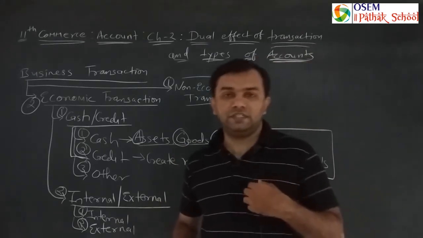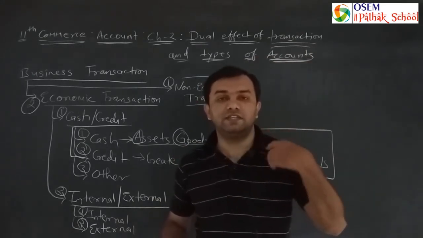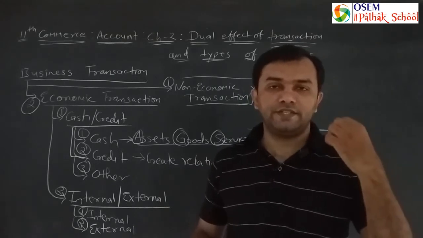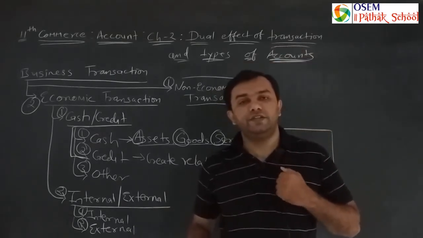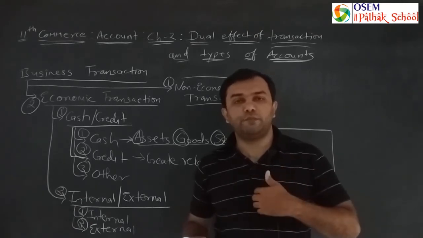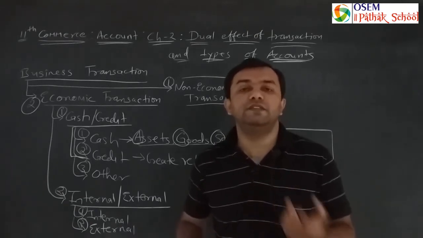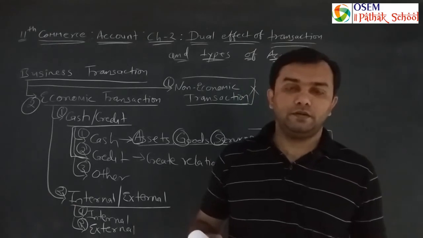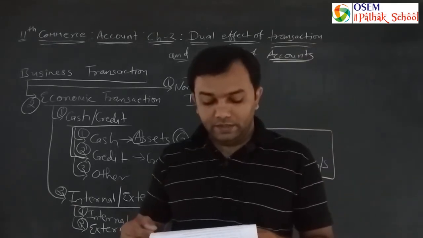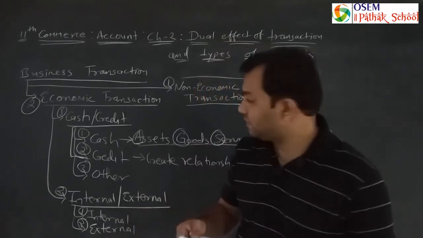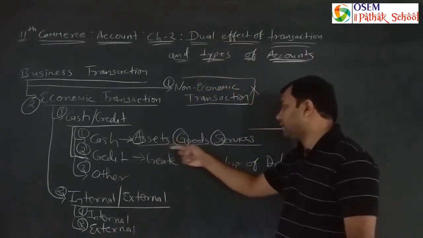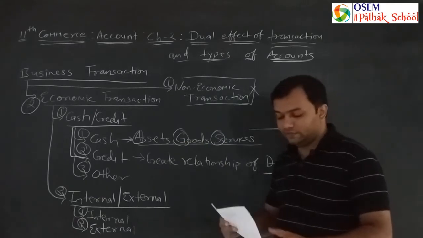So our brokerage service is given to some person, and the brokerage amount is received by us. Service is given; we are not providing any goods, we are providing brokerage services. That is the cash transaction for services. So these are all the examples of cash transactions for asset, goods and services.